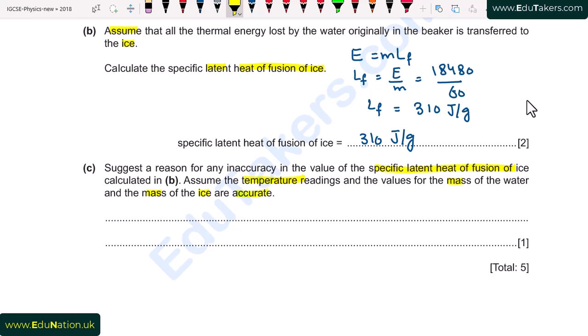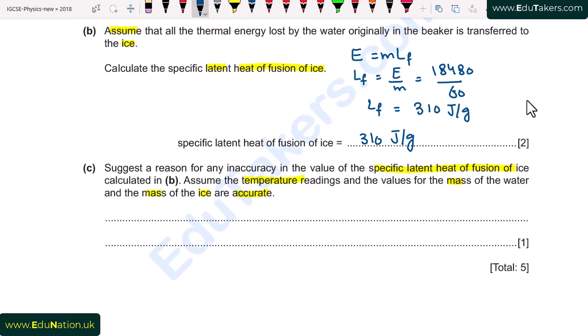So the temperature, mass of ice and mass of water values are accurate. So there will be inaccuracy in the value of specific latent heat of fusion of ice because thermal energy is not accurate here, it may be transferred from the surrounding.